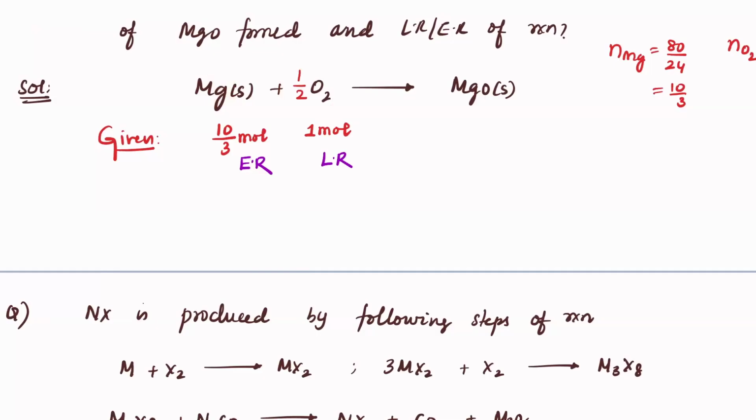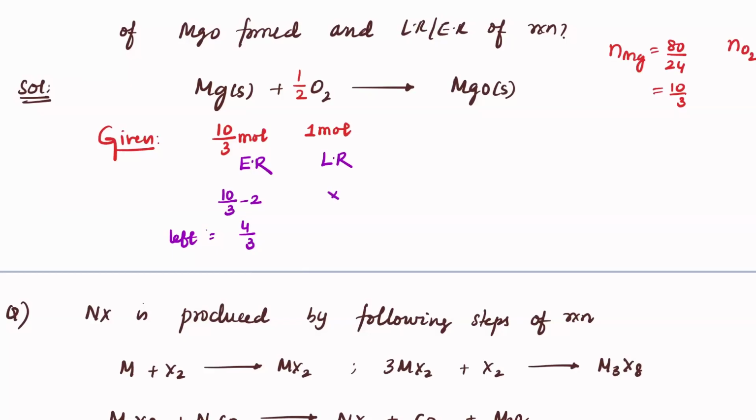So if half a mole of oxygen requires 1 mole of magnesium, then 1 mole requires how much? 1 mole requires 2 moles, right? Because half requires 1, so 1 requires 2. Therefore, out of 10 by 3, 2 moles will be consumed. So the rest will be leftover. The left moles will be equal to 4 by 3, correct?